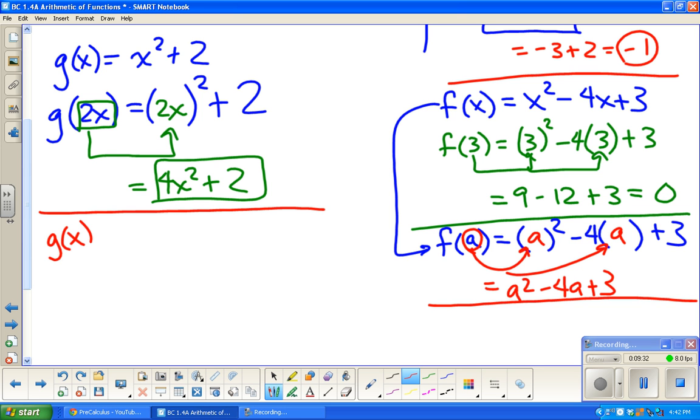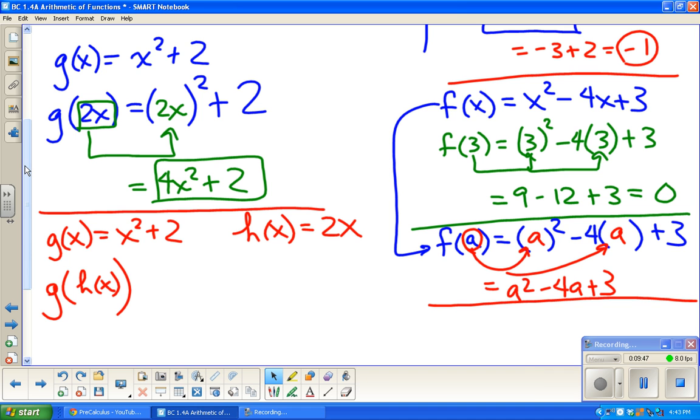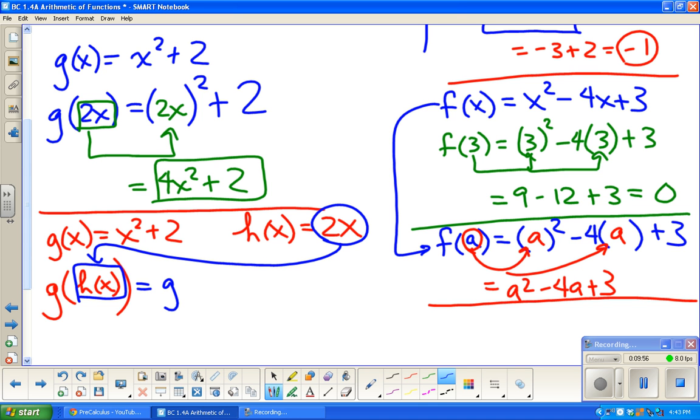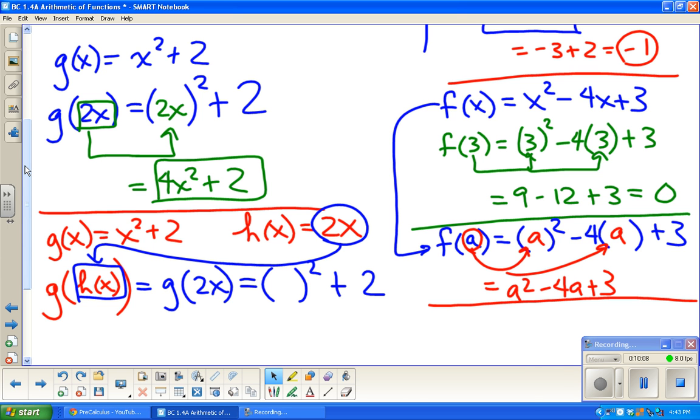What if I told you that g of x was x squared plus 2 and h of x was 2x, and let's say I want to know what g of h of x is? Here's the concept. You take h of x, put it in there, and then do g of 2x. Now, you'll be shocked to know that I just did this problem. So again, this same 2x goes here. This is 4x squared plus 2.